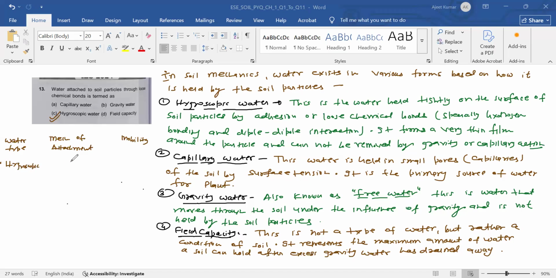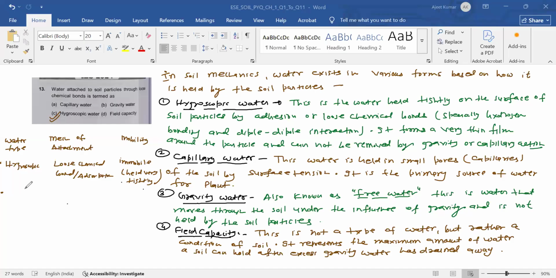This is loose chemical bond, and this is adsorption. Immobile. This cannot move. Held very tightly. So this is about hygroscopic water.